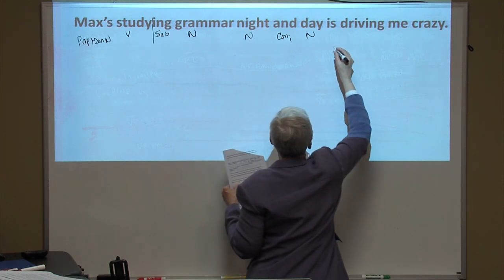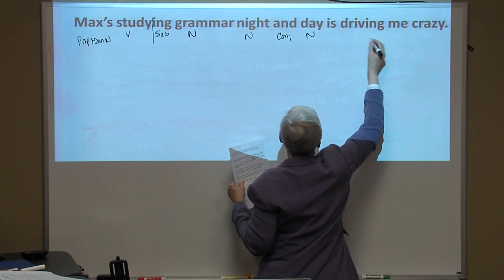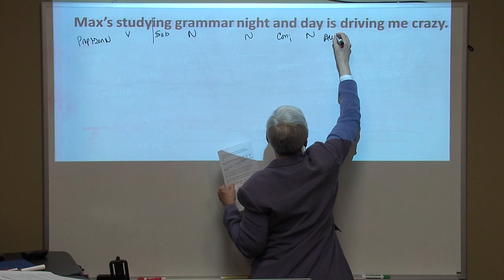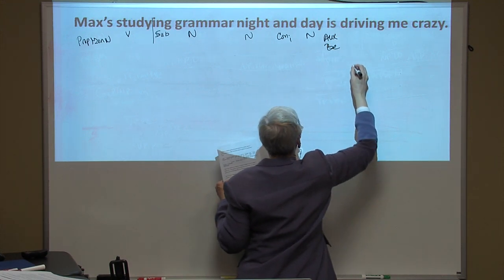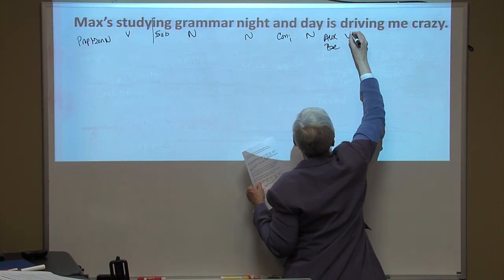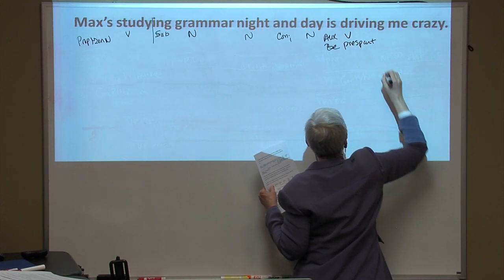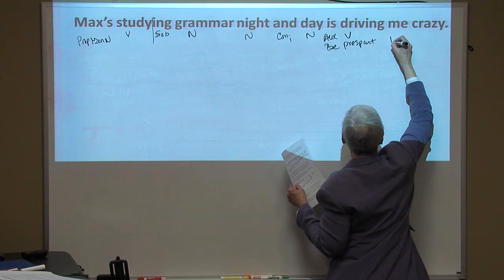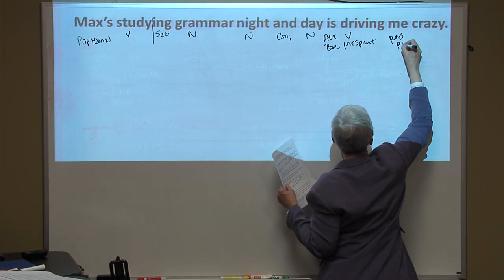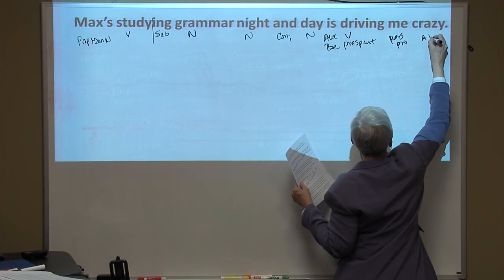Is, here we have is driving. This is auxiliary be. And driving is the present participle of the verb drive. Me is a personal pronoun, and crazy is an adjective.